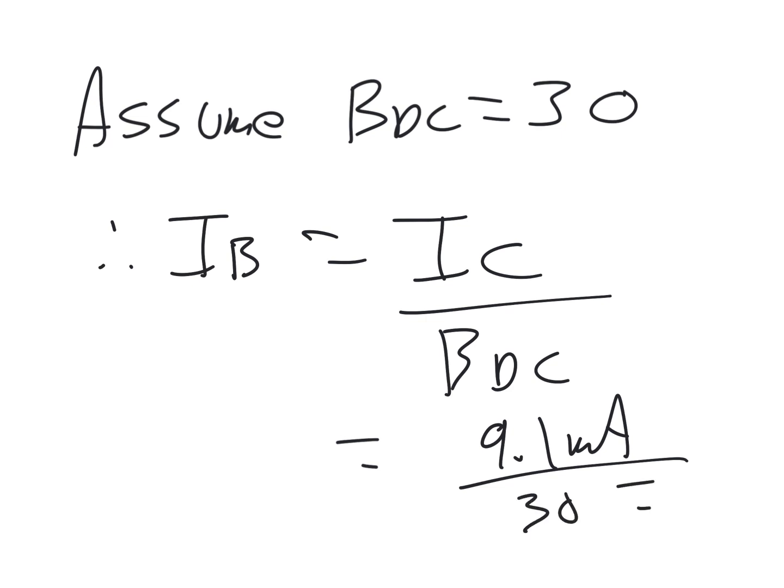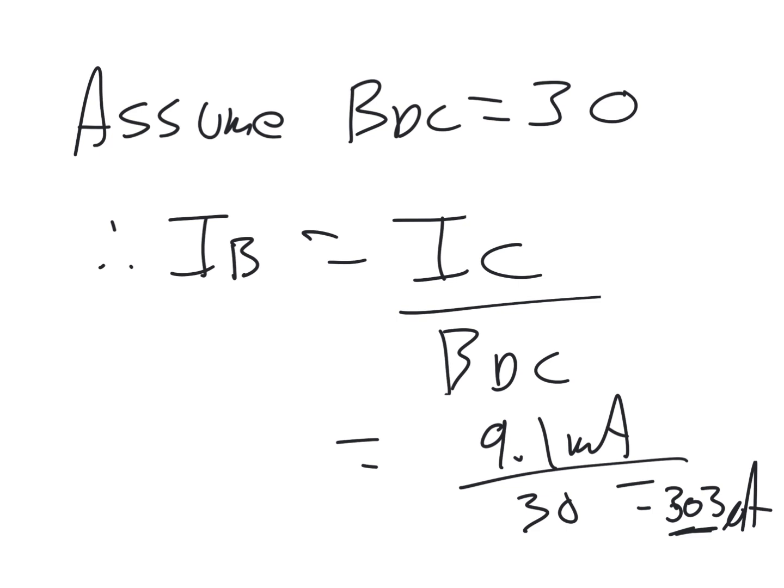So that's 9.1 divided by 30, equals 303 microamps. Okay, all right. But I would give you an assumed beta to use on the test. So this is just an example.